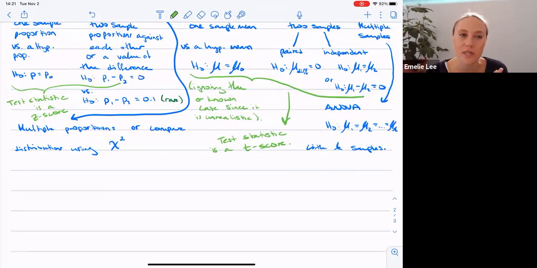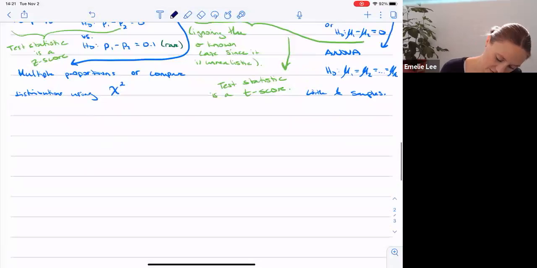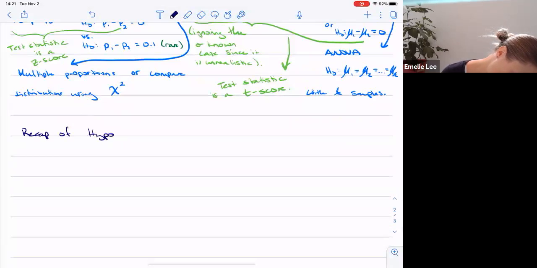You can either use the t-table, or more likely you're going to have R calculate the t for you, and then it'll also spit out a p-value. And all you need to do is interpret the p-value. And so just a recap of hypothesis testing.